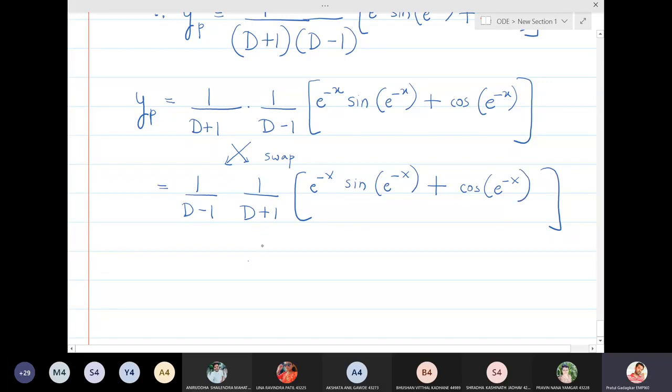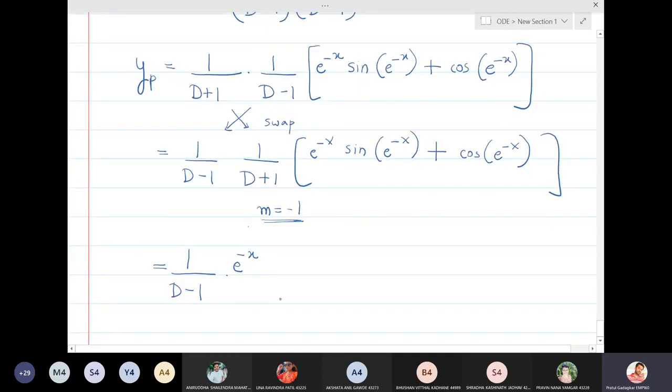Now if I use the formula with m equal to minus 1, this will become 1 upon (D minus 1) into e raised to mx, where m is minus 1, integration e raised to minus mx, so it will become just x into the entire function.